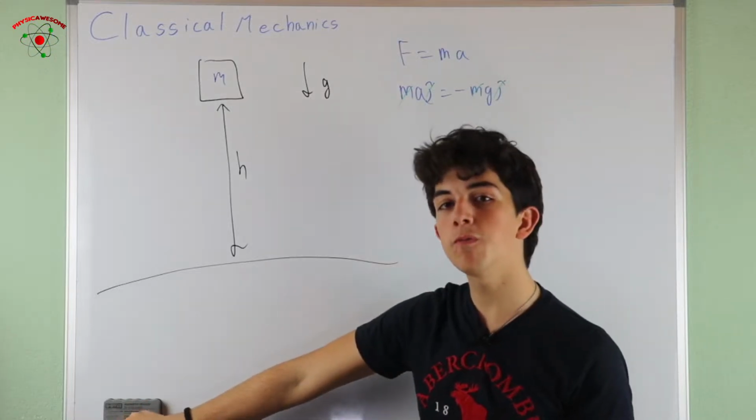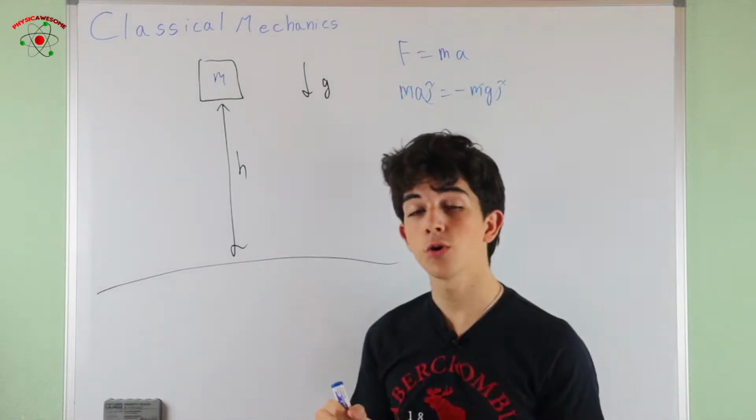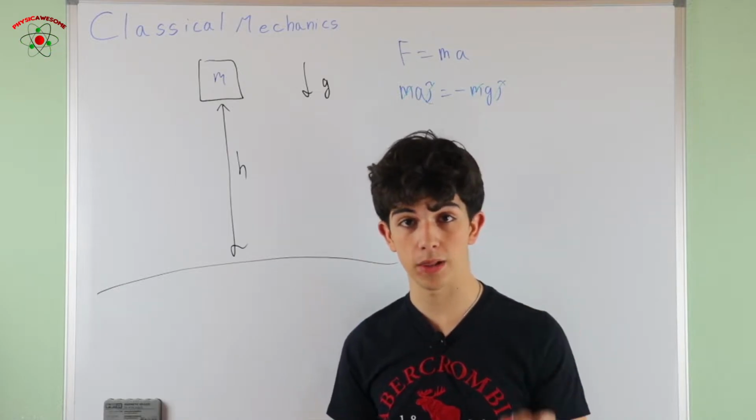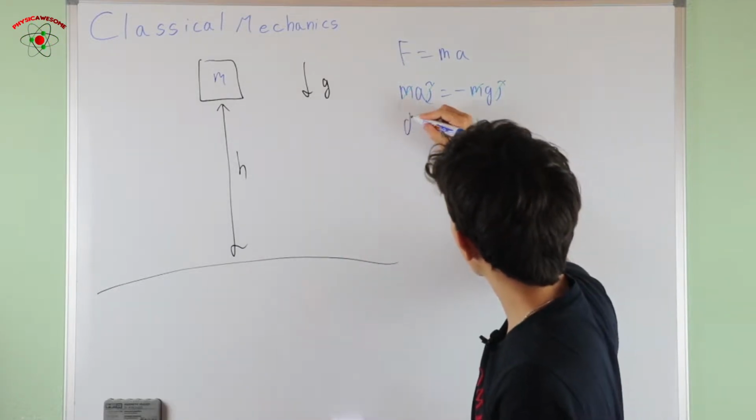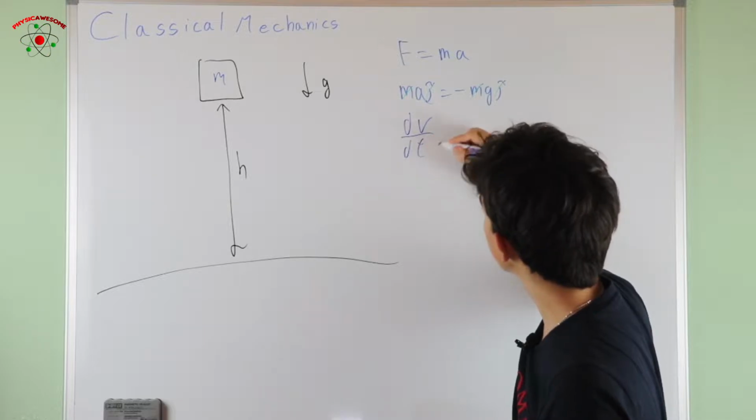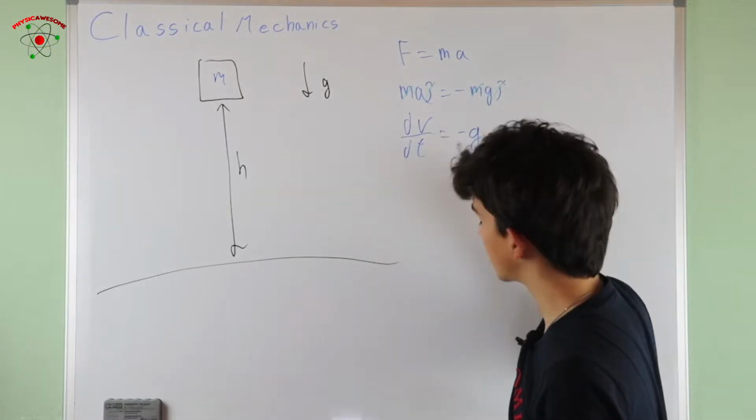So we find that acceleration, which is the derivative of velocity, dv/dt, equals minus g.